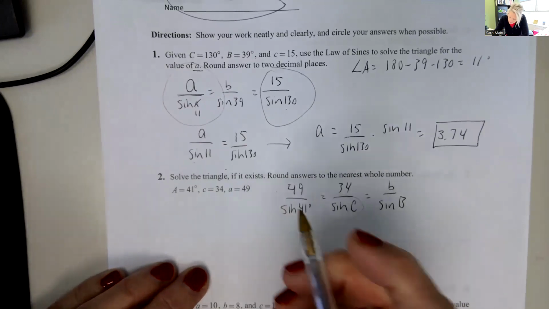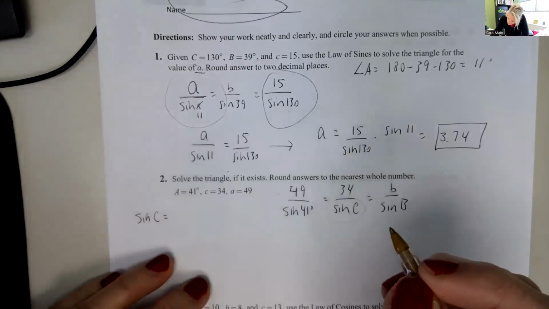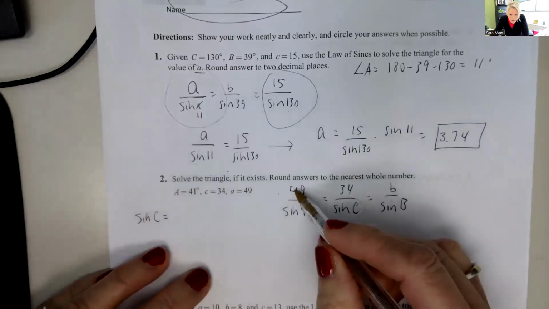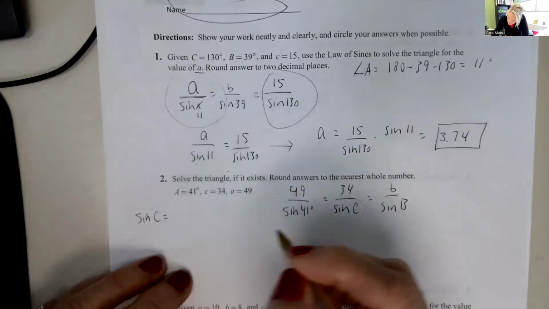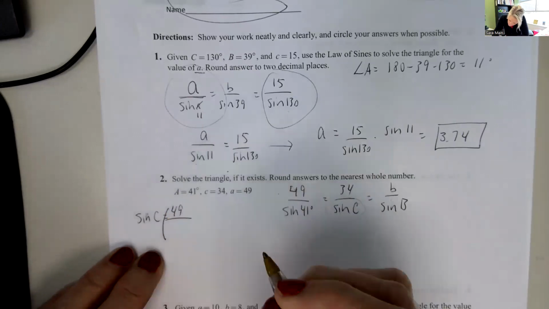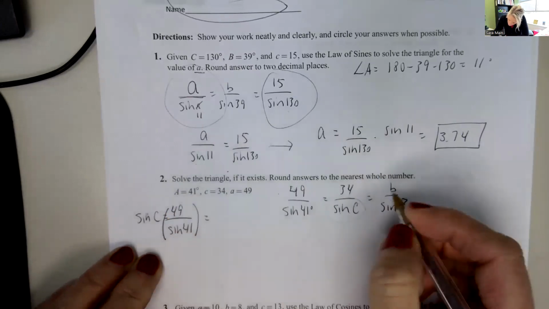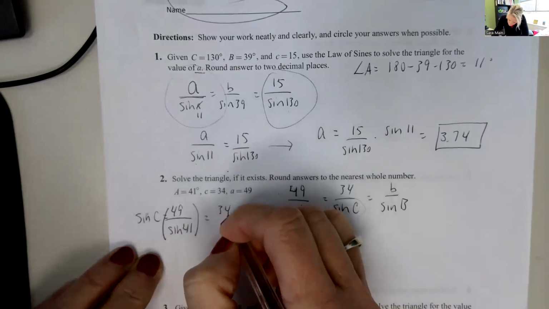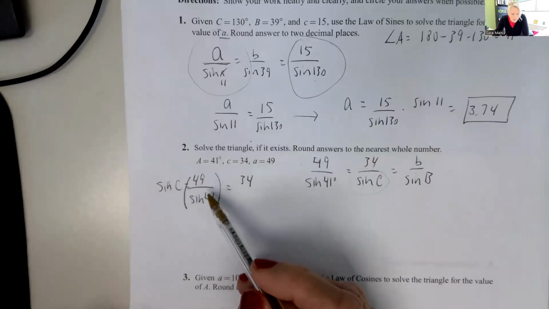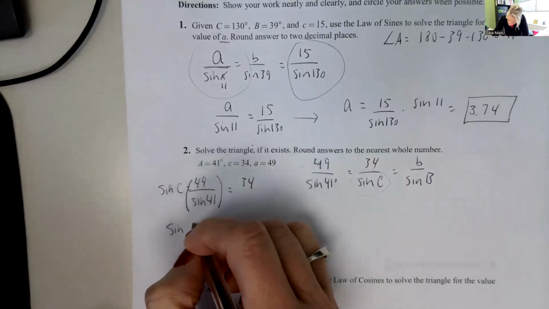So I am going to multiply both sides by the sine of C. So I have sine of C times 49 over the sine of 41 equals 34. Then I'm going to multiply both sides by the reciprocal to get sine of C alone.